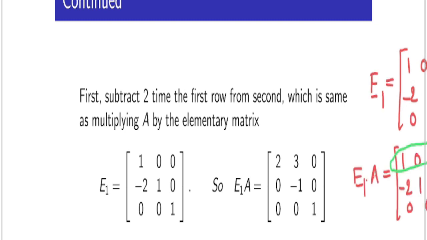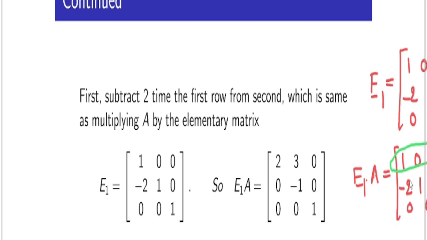This is the multiplication of two matrices. Take the first row of matrix E1 and the first column of matrix A: 1 into 2 is 2, plus 0 into 4 is 0, plus 0 into 0 is 0.